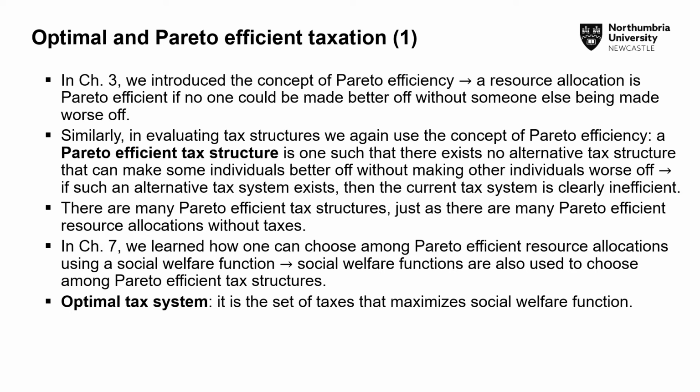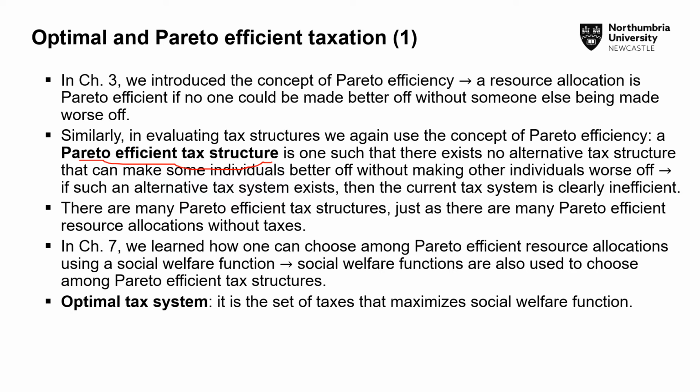Recall in chapter 3 that we discussed this idea that a resource allocation is Pareto efficient when no one can be made better off without someone else being made worse off. The reason that I'm restating it is because we are going to extend this concept a little bit further. We can also have a Pareto efficient tax structure. So what is a Pareto efficient tax structure?